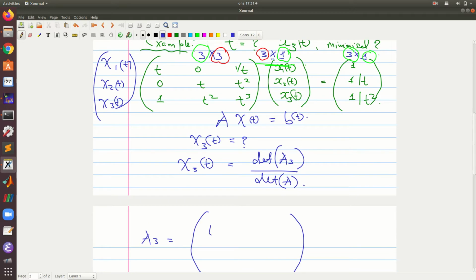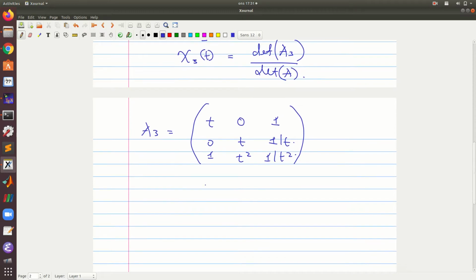So we have this t, 0, 1, and then we have 0, t squared, but then this whole column is replaced with the right hand vector, which is 1 over t, and 1 over t squared. And so that is that.